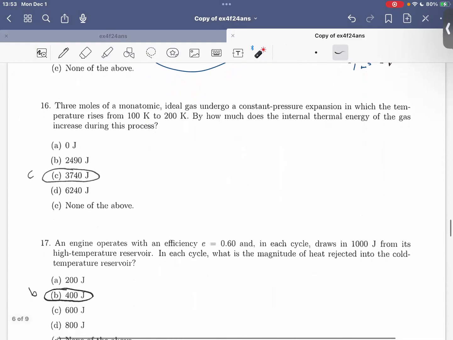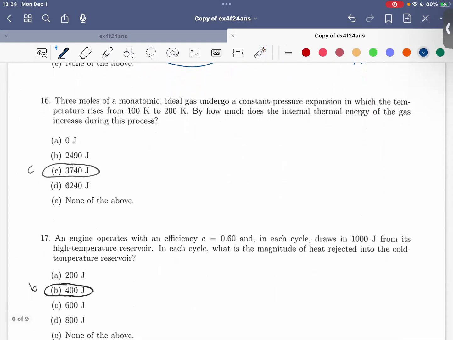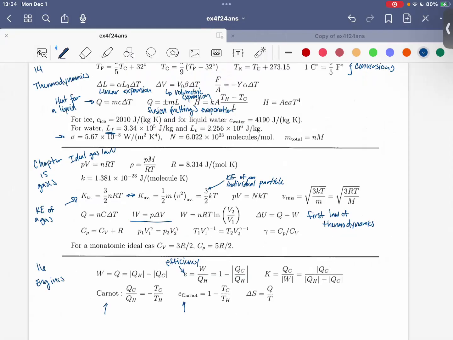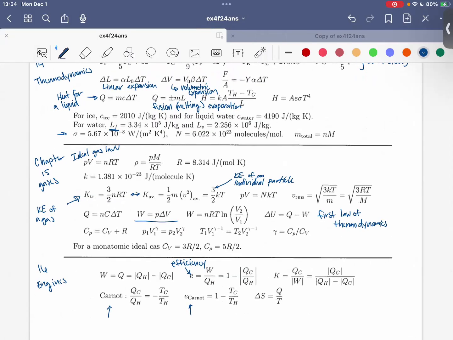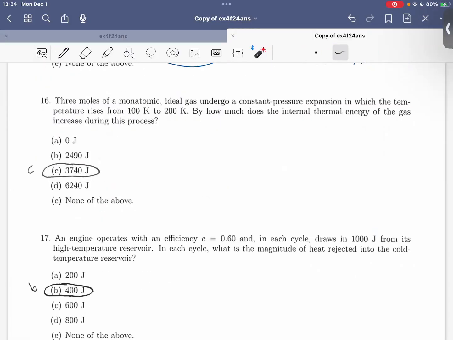Okay, so 16, we're told 3 moles of a monatomic ideal gas undergo constant pressure expansion in which the temperature rises from 100 Kelvin to 200 Kelvin. By how much does the internal thermal energy of the gas increase during this process? Okay, so internal thermal energy is just going to be this kinetic energy of the gas. So we'll just have 3 halves nRT is equal to kinetic energy.